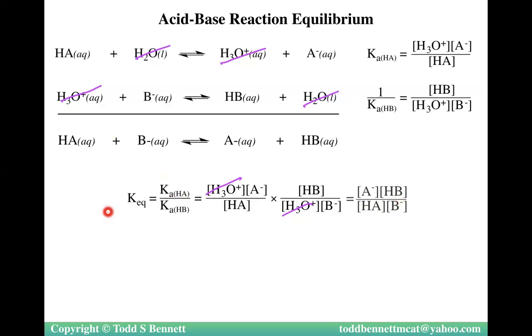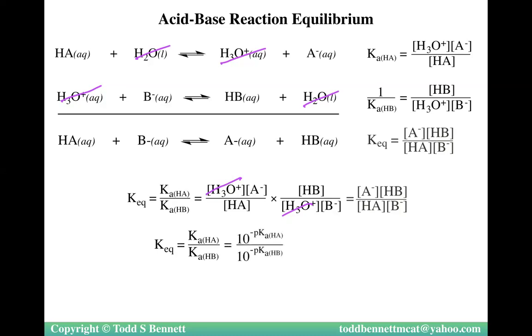So we're going to take advantage of this relationship to make a prediction about what happens behavior-wise in this reaction. Okay, so we're doing math at this point. Eventually, I'm going to want to do the conceptual aspect, but math-wise, if I look at this relationship, the Ka, as mentioned, is 10 to the minus pKa, and this is 10 to the minus pKa.